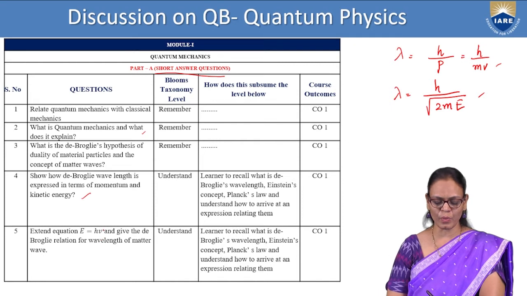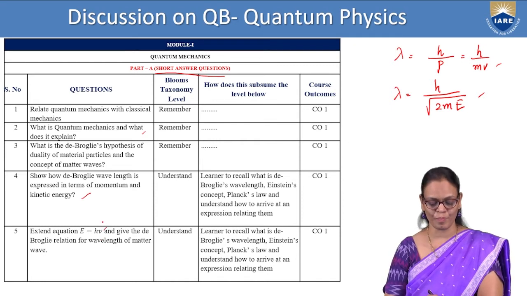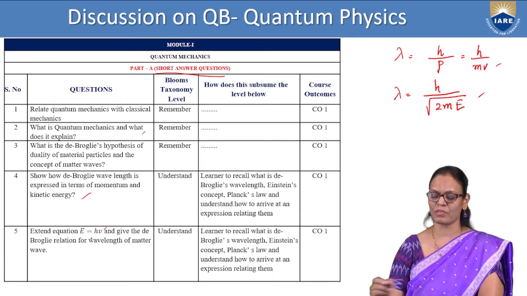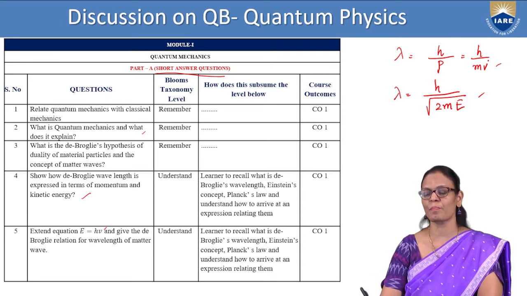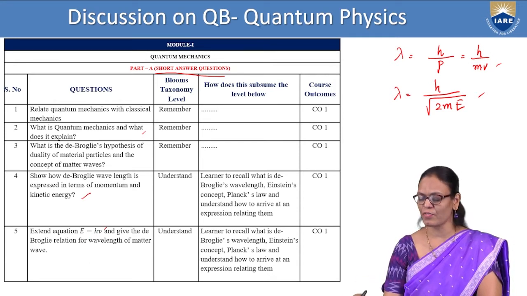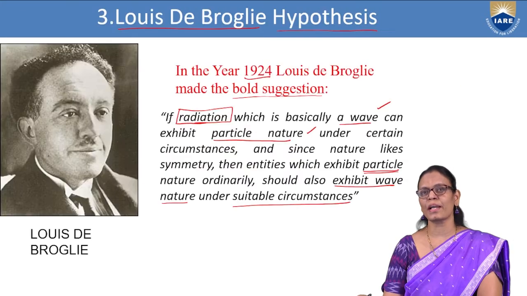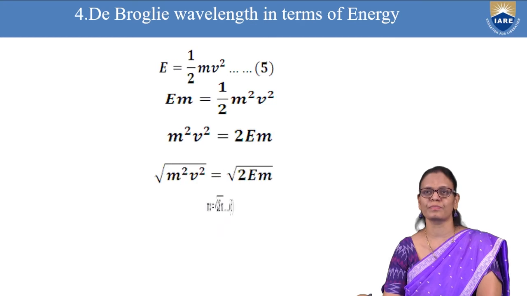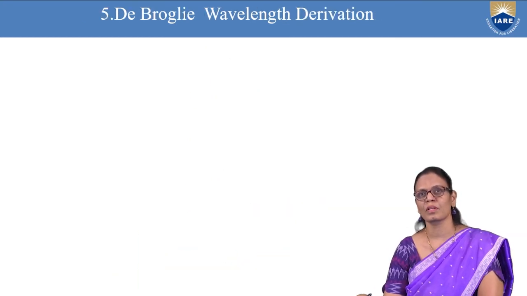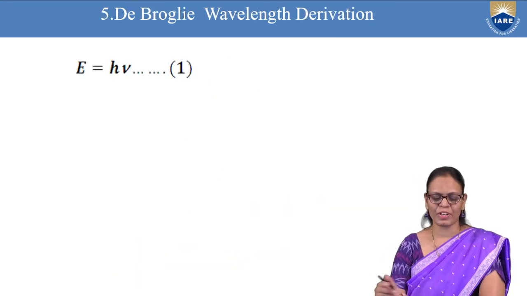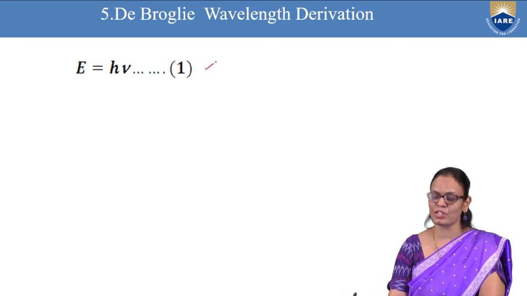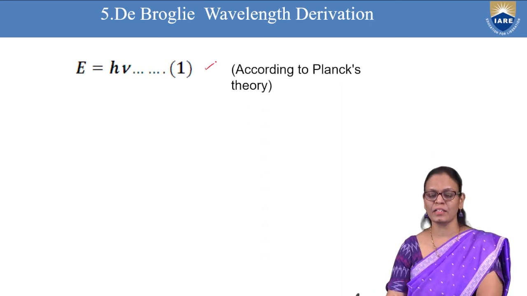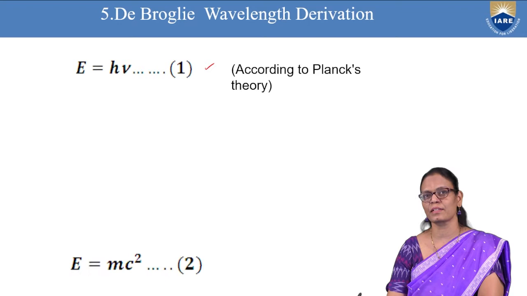Then extend the equation E is equal to h nu and derive the de Broglie relation. The same thing we are talking about, h upon mv, we are getting from E is equal to h nu. How are we deriving the equation? We start from E is equal to h nu, according to Planck's theory.